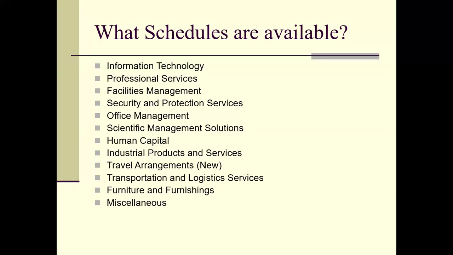So if you're looking to really do something with a GSA schedule, you want to use the 11 higher level categories, and unless something really doesn't fit, I don't necessarily recommend that you try to have a miscellaneous category schedule, but it's out there and you can take a look at it if you think something doesn't fit into what you're trying to provide to the government.